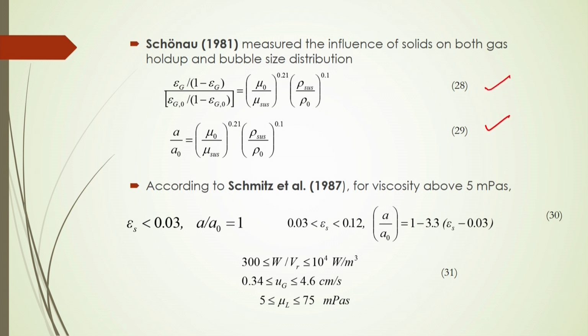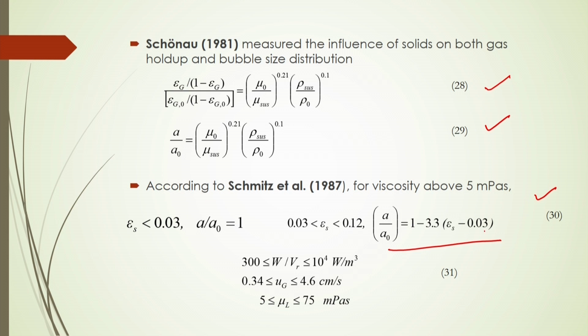According to Smith et al., 1987, for viscosity above 5 millipascal second, they have given a correlation for the specific interfacial area in terms of solid concentration, or solid fraction inside the bed. Here A by A0 is equal to 1 minus 3.3 into epsilon s minus 0.03.